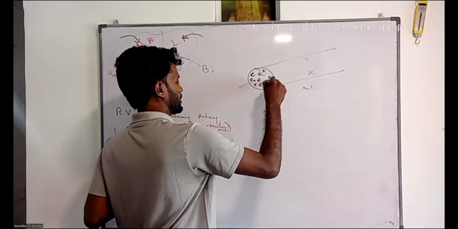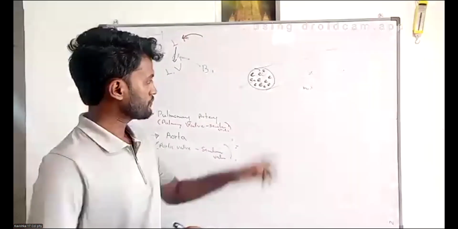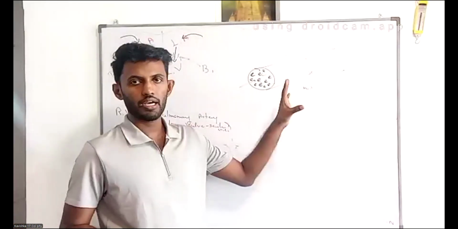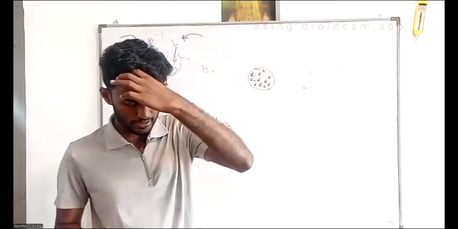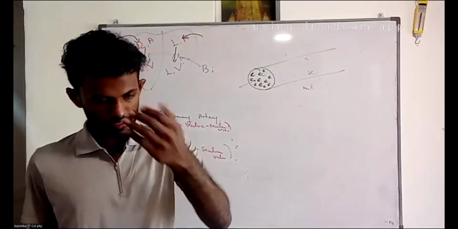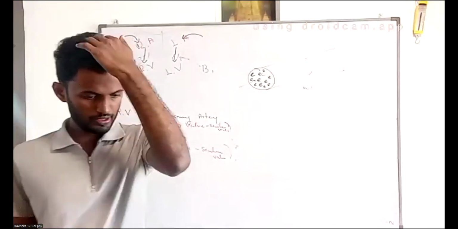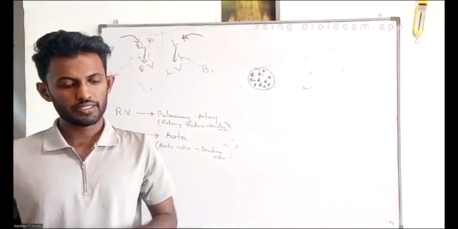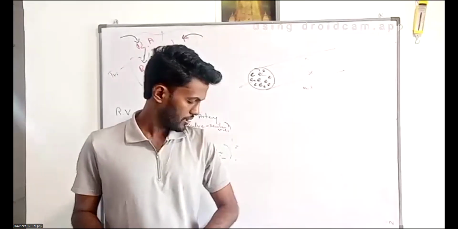If the cross-sectional area is increased, what happens to the resistance? Does it increase or decrease? Resistance decreases, right?